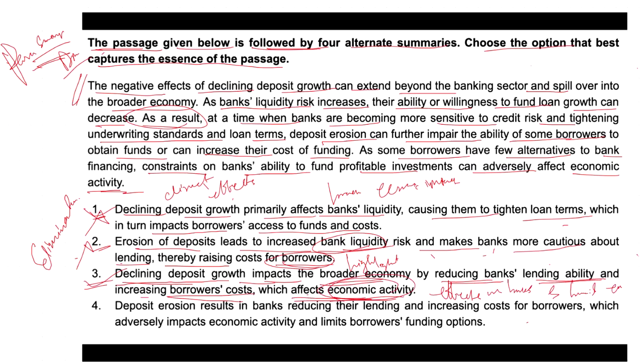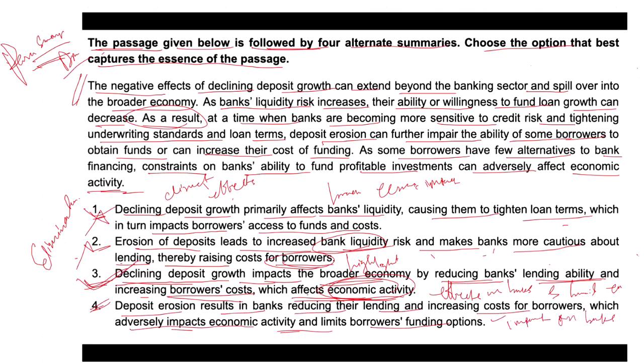So, but let's look at option four before we consider option three is the final answer. So four said deposit erosion results in banks reducing their lending and increasing cost for borrowers, which adversely impact economic activity and limits borrowers' funding options. Now, if I look into this particular option, this option summarizes what? This option summarizes the impact on banks and borrowers, and mentions the adverse effect, isn't it?